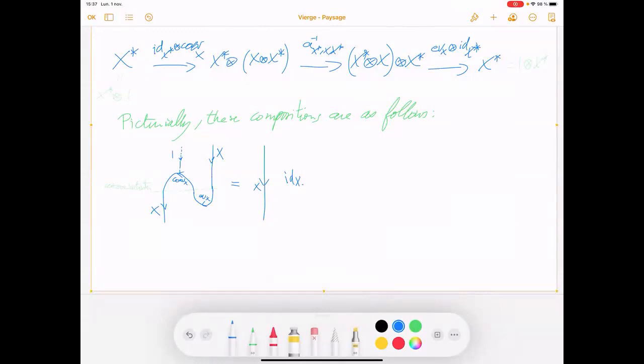Okay. So this is called zigzag or snake equation. So there is a name for that. So zigzag or snake equation.